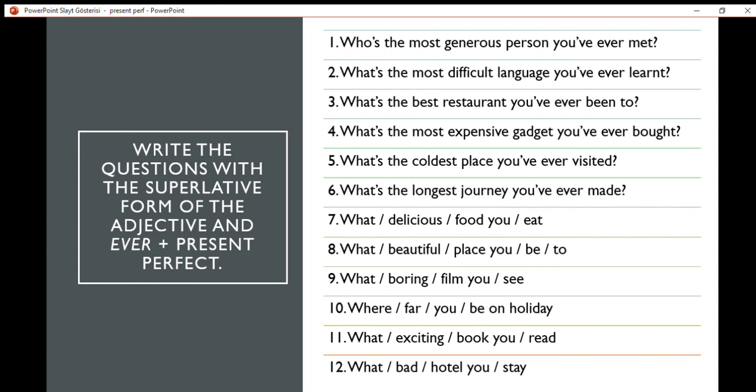What's the longest journey you've ever made? 7. What's the most delicious food you've ever eaten? 8. What's the most beautiful place you've ever been to?